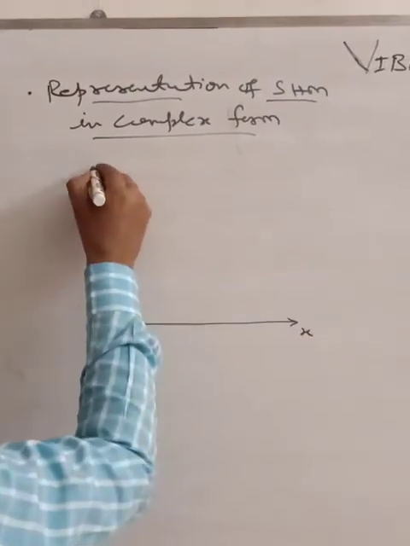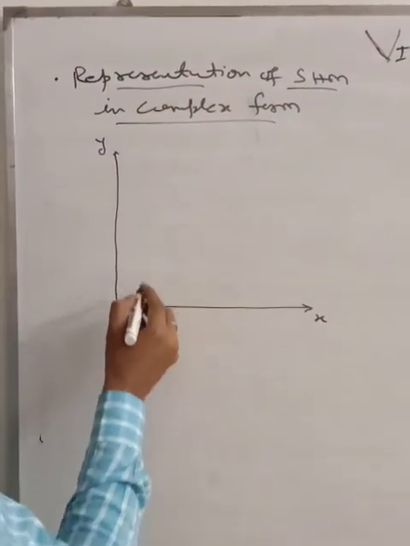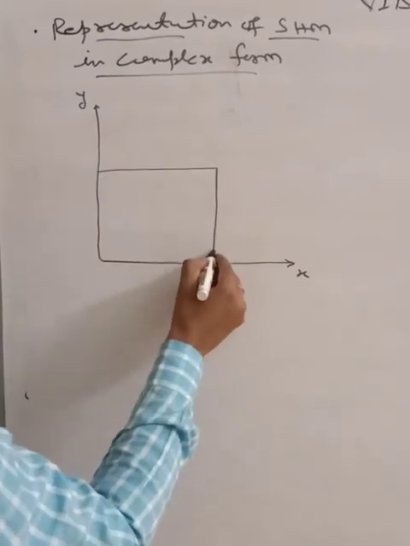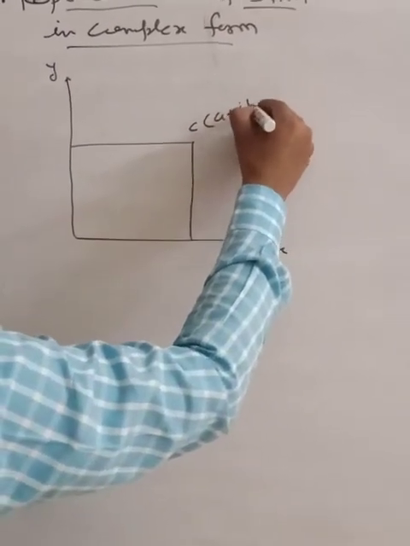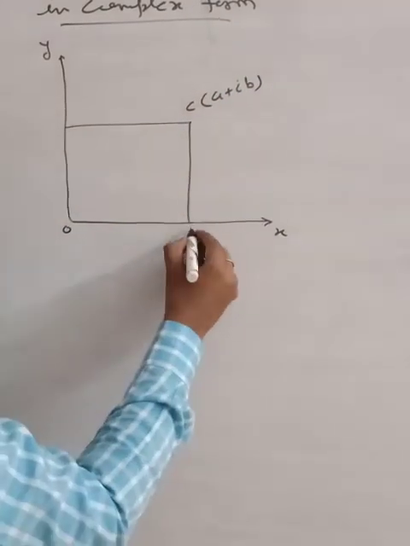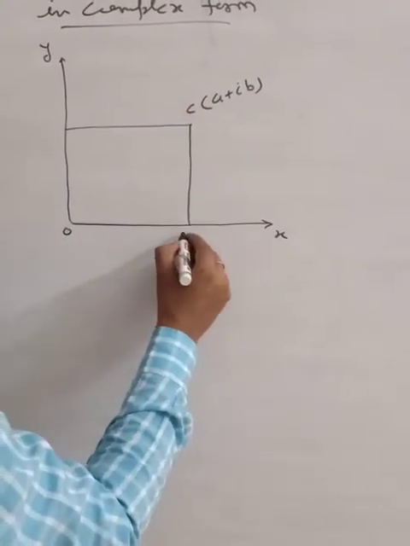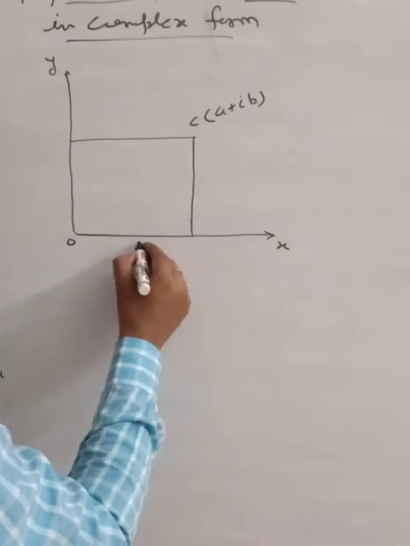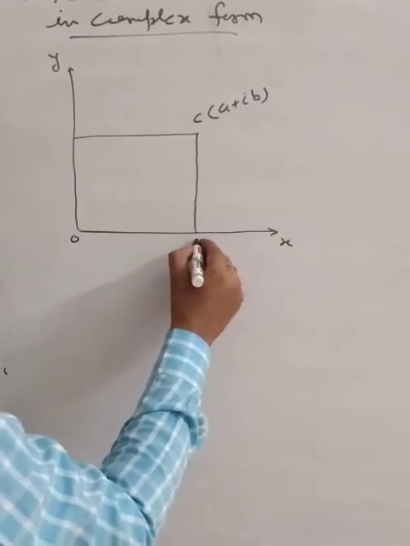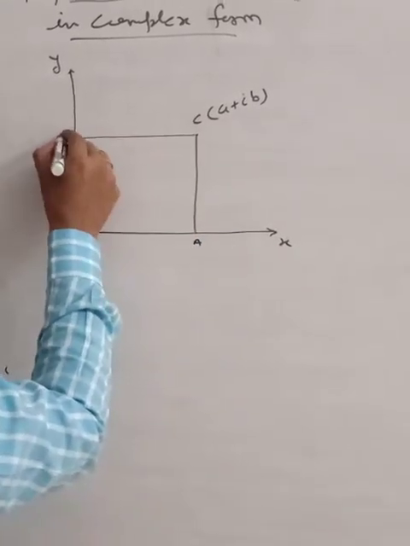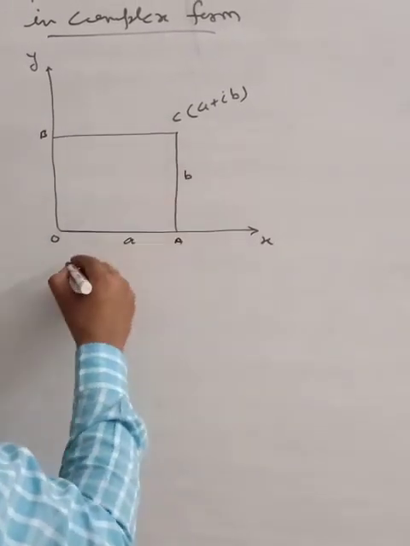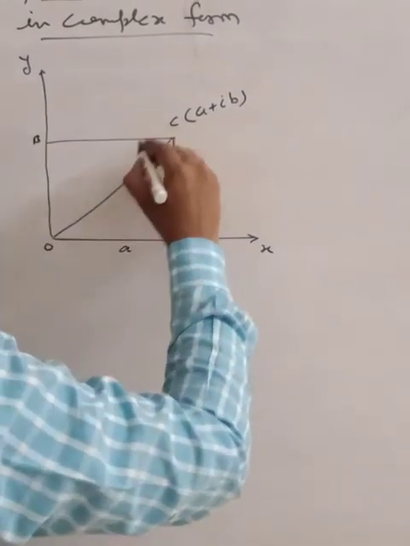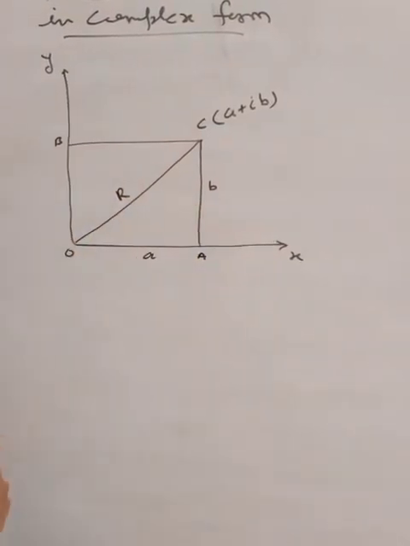If this is x and this is y, in this xy plane let us consider a point C, which is a plus iota b. This is your A, this is your B, and this is R.